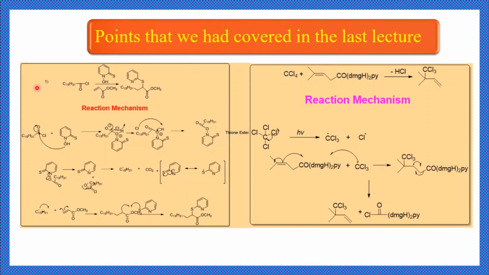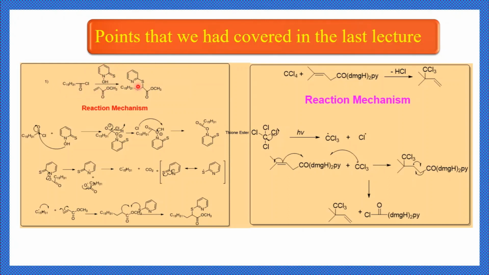In this method, the acid chloride is treated with N-hydroxypyridine-2-thione to form the corresponding thione ester. Then it generates the alkyl radical, and that alkyl radical adds to a carbon-carbon double bond.